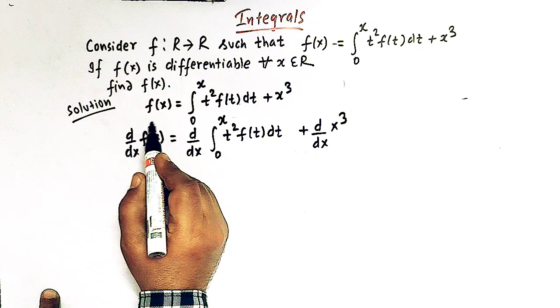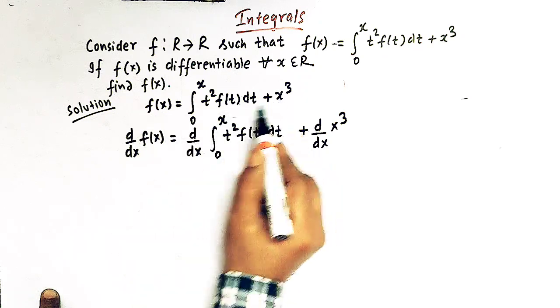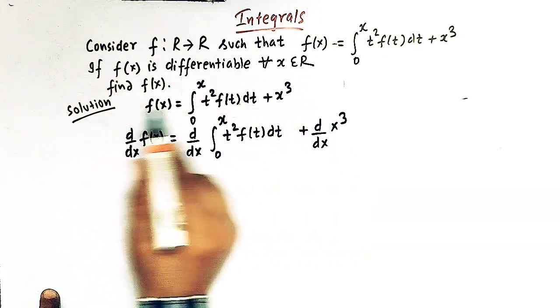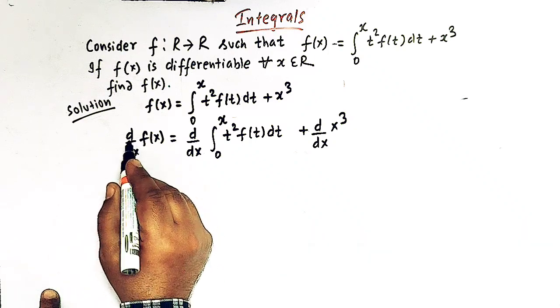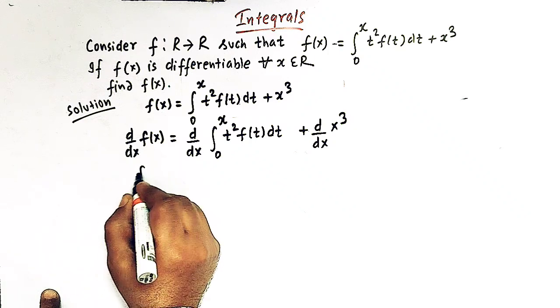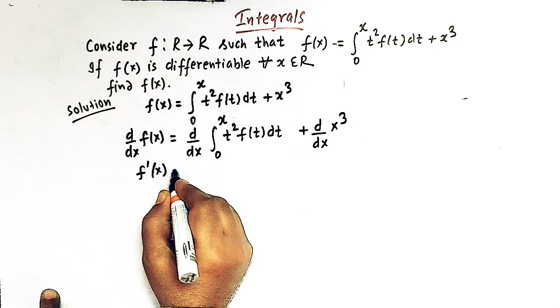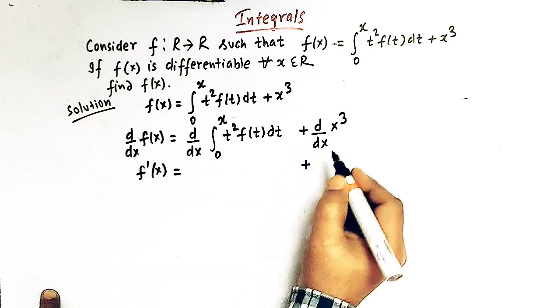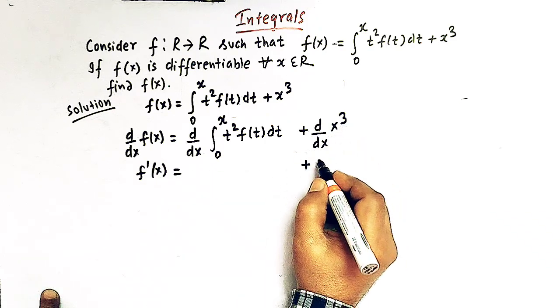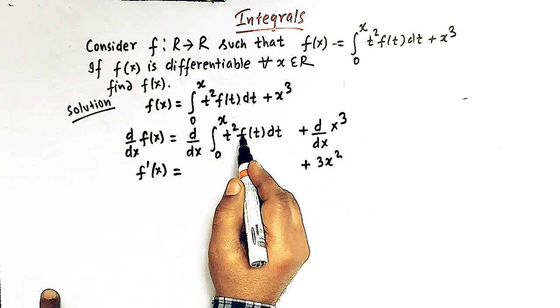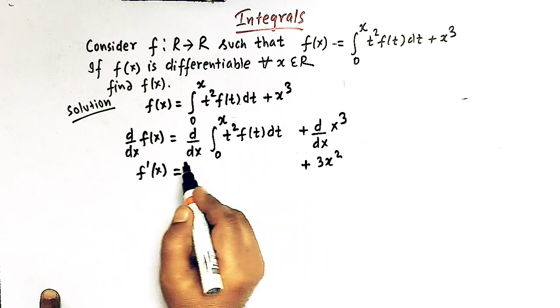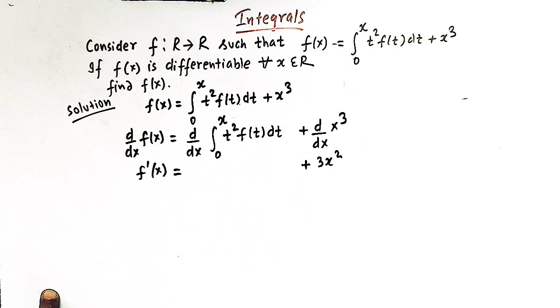Here d by dx of f of x is f prime of x, and the derivative of x cube is 3x square. Now, to differentiate this integral with respect to x, we will make use of the Leibniz integral rule.